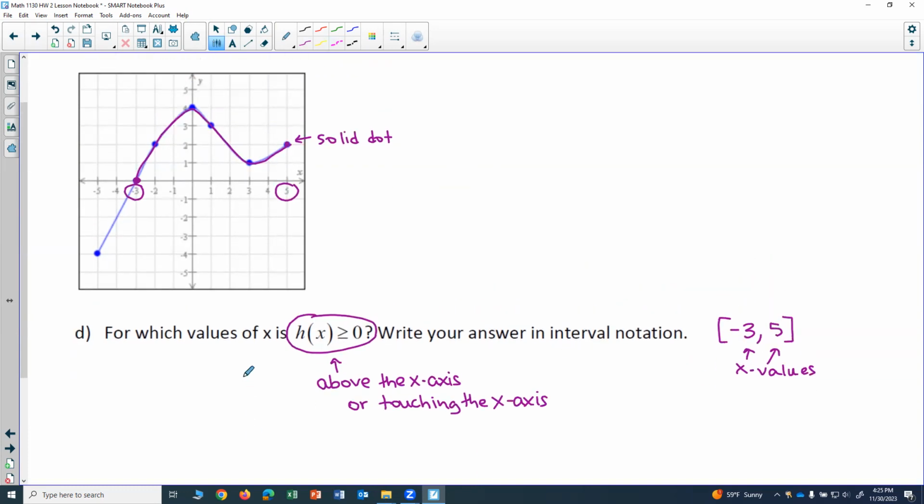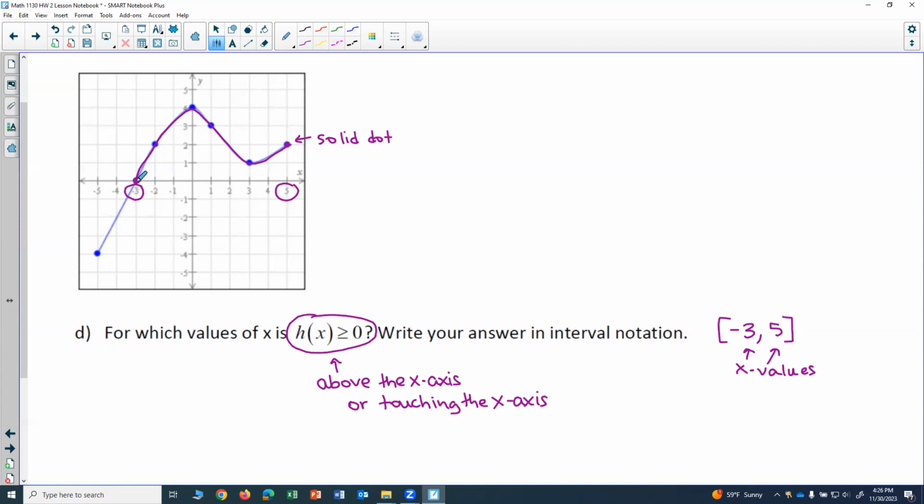Okay, so keep in mind, a function equal to 0 means where is your graph crossing the x-axis? A function being less than 0 means where is your function below the x-axis? And a function being greater than 0 means where is your function above the x-axis?